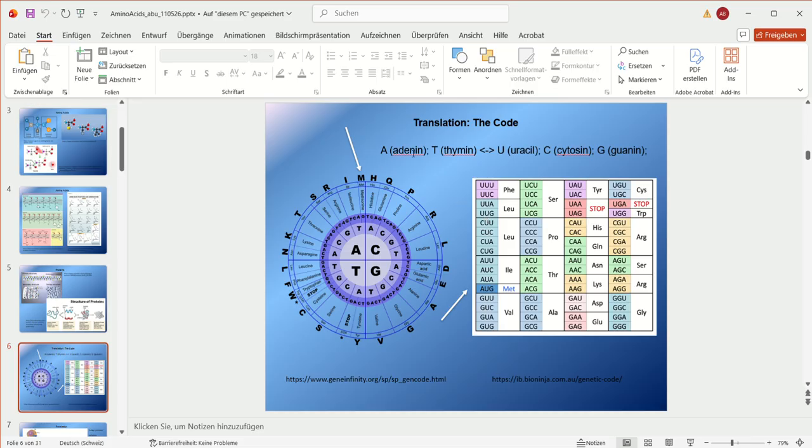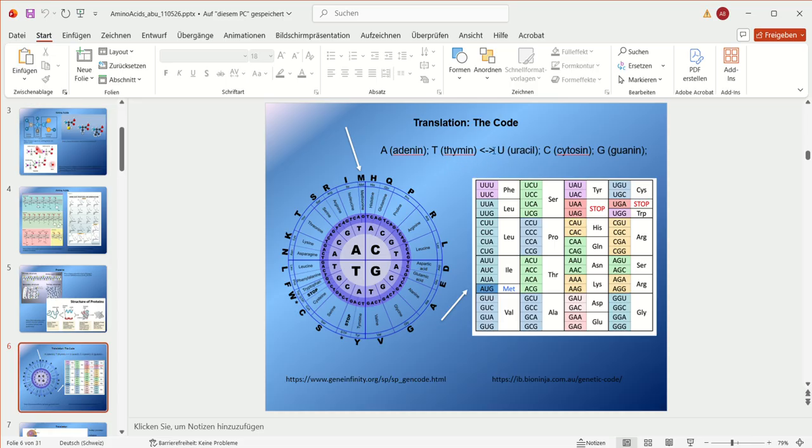By the way, these letters, there are 4 letters, or actually 5, but 2 of them mean the same. There is adenine, there is thymine, cytosine, and guanine. And always 2 fit together. So these 2 and these 2 fit together. These ones I mentioned count for DNA, but in RNA, the thymine is replaced by uracil.